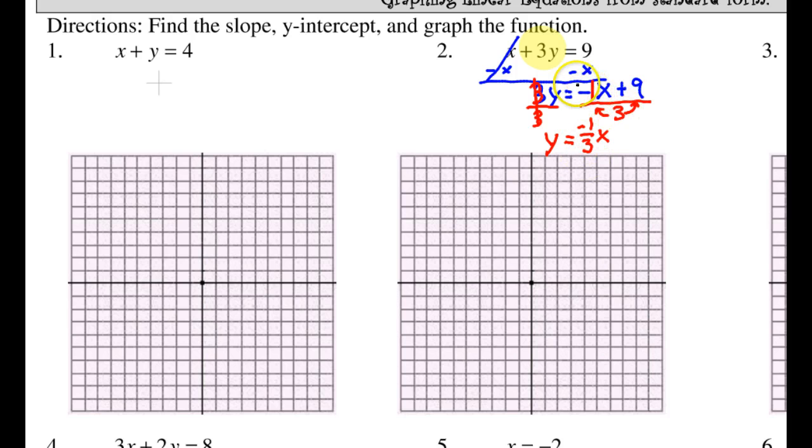If it was like 2 over 4, I could make it 1/2, but 1 over 3 does not reduce, so I'm basically just rewriting it. Now 9 over 3 over here: first I did this, got this number, and now I have this other one I have to distribute. 9 divided by 3 equals just 3.